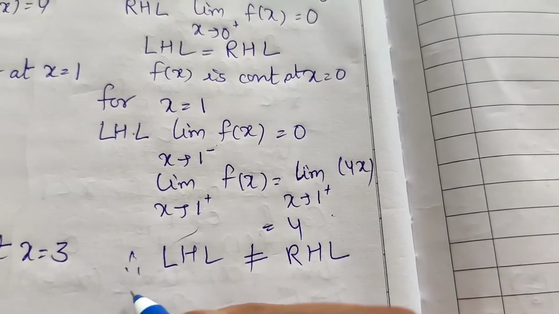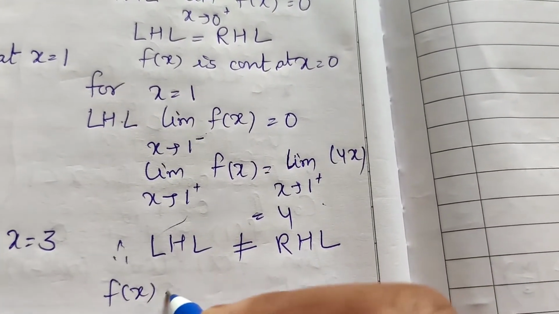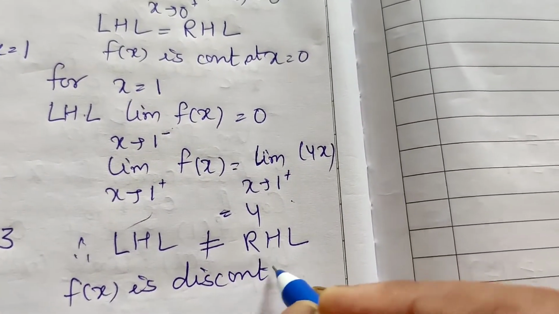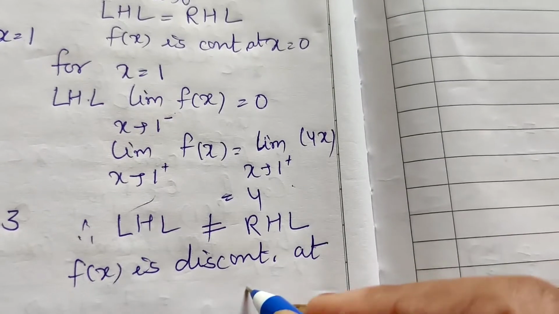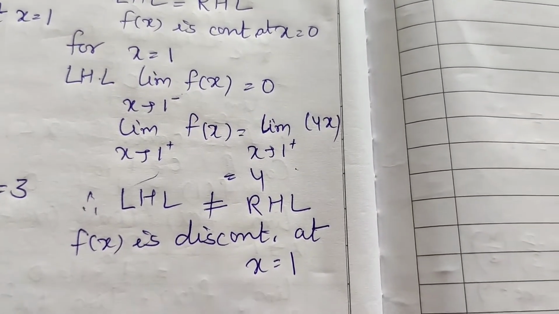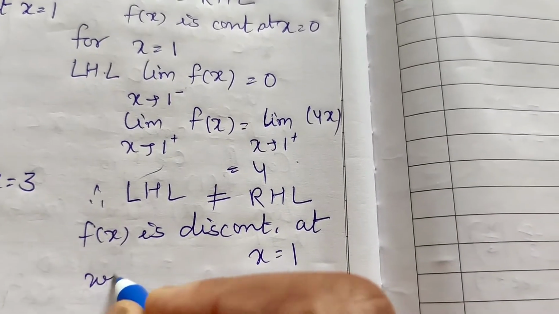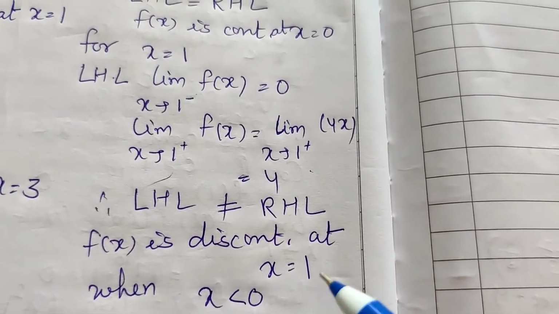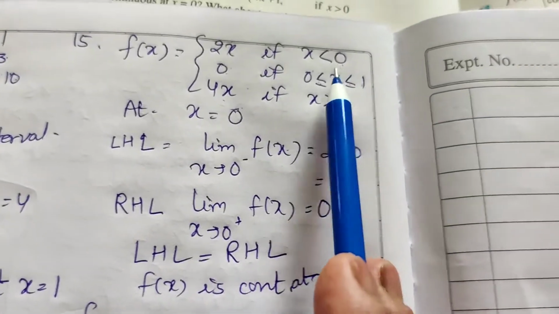It means the function f(x) is discontinuous at x equal to 1. Next point, when x is less than 0, the value is 2x.